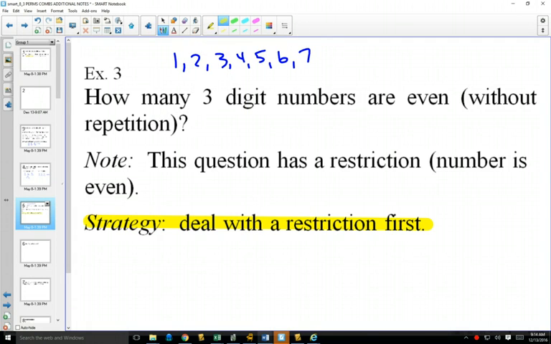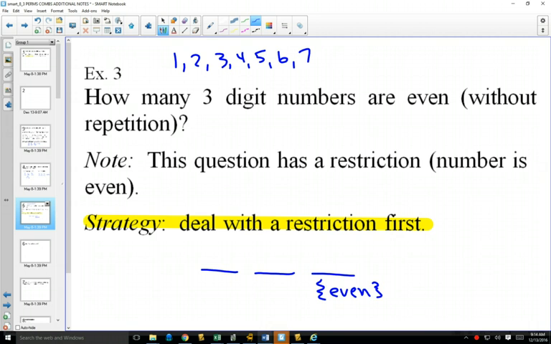Our strategy is we have to deal with our restriction first. So when we look at this, the restriction is here on the end. This one has to be even. So first we'll do it right.